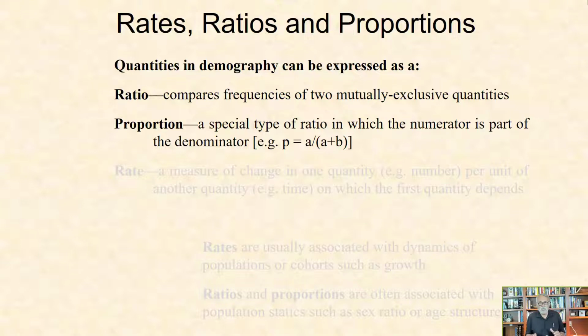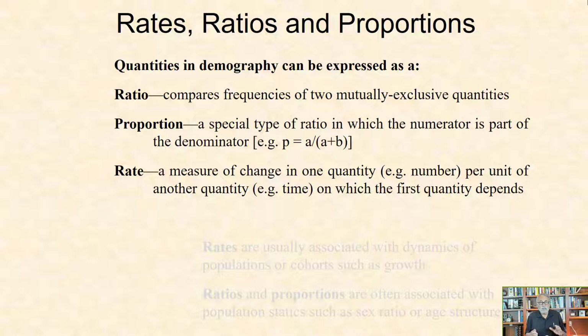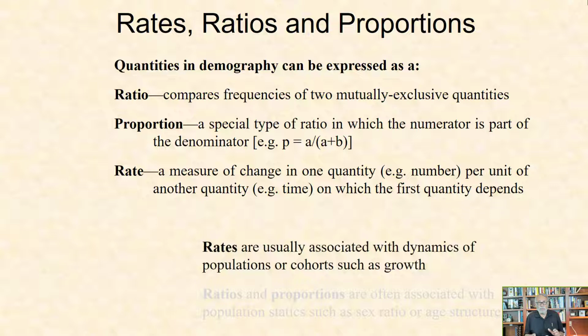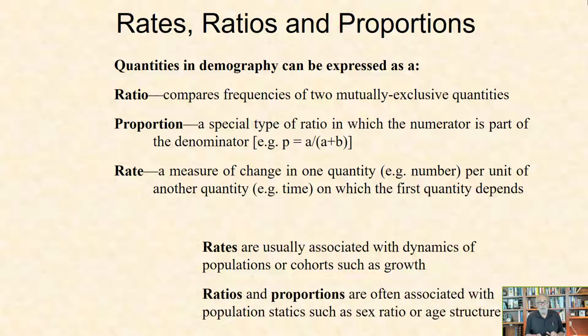For example, P equals A over A plus B. And a rate is a measure of change in quantity, that is a number, per unit of another quantity, typically time, on which the first quantity depends. Rates are usually associated with dynamics of populations or cohorts, such as growth. Ratios and proportions are often associated with population statics, such as sex ratio or age structure.